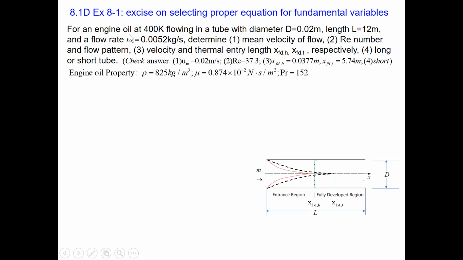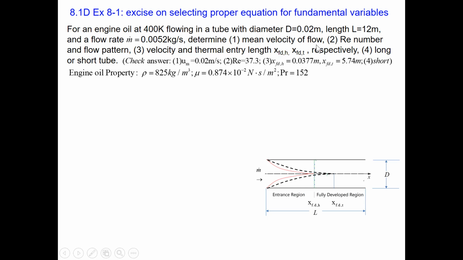For engine oil at 400 Kelvin flowing in a tube with a diameter D of 0.02 meter, a length L of 12 meter, and a flow rate m dot of 0.0052 kilogram per second, we need to determine: 1.